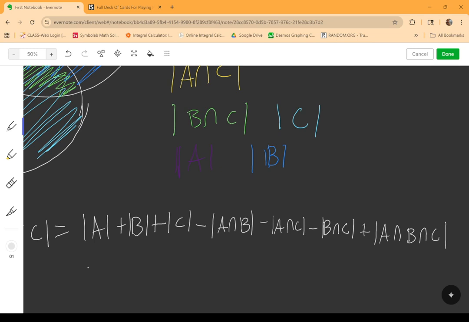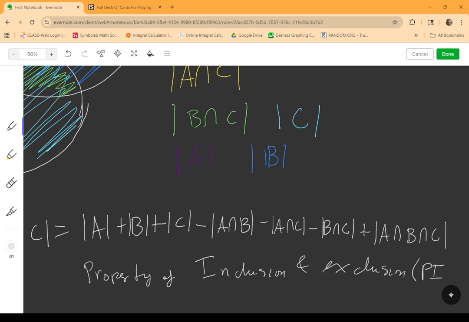And what we're doing here is called the principle of inclusion and exclusion. Right, we're including, excluding, and we have to do it in the right manner so that we make sure to count everything properly. All right, next video we'll go over a couple more examples here.